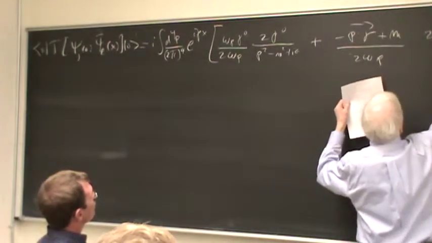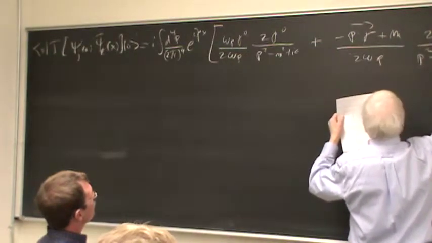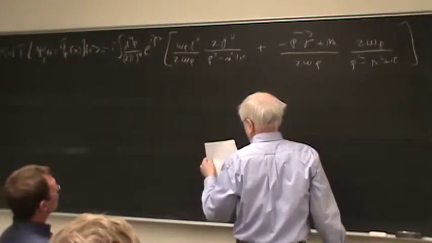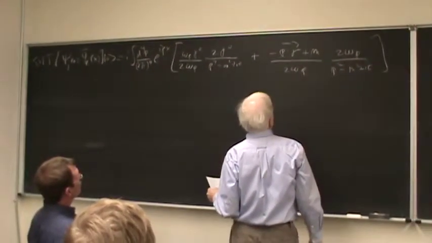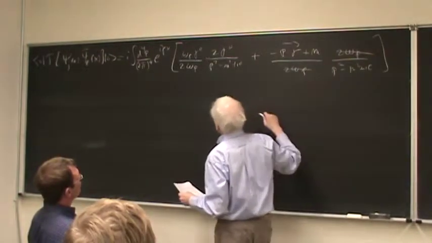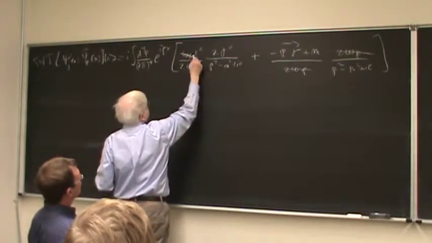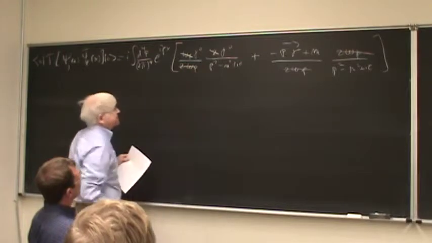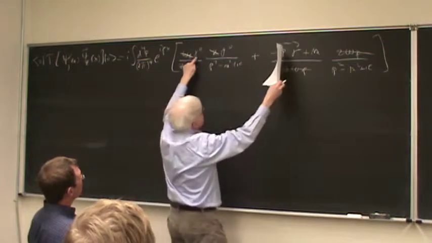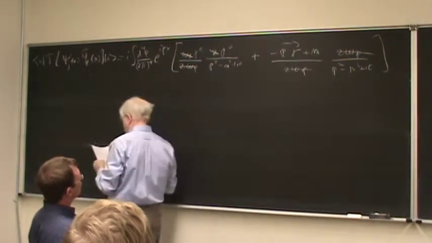And we get then 2 omega p over, okay, and for matrices it's JL. And now what you see happens here is that the 2 omegas cancel, and this omega and the two omegas cancel again. And so what we have then is p slash plus m over p squared minus m squared plus I epsilon.